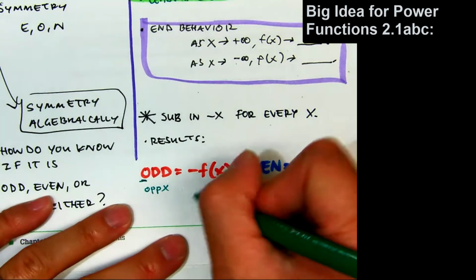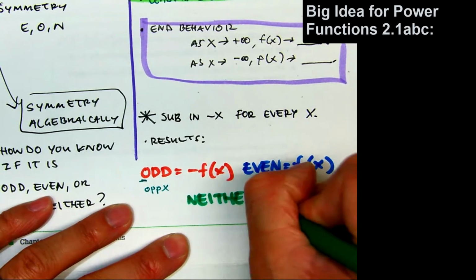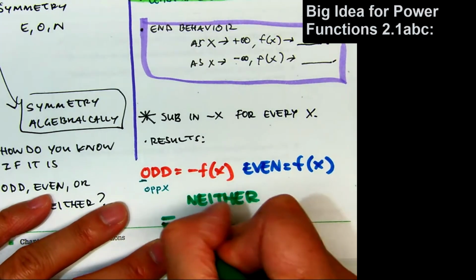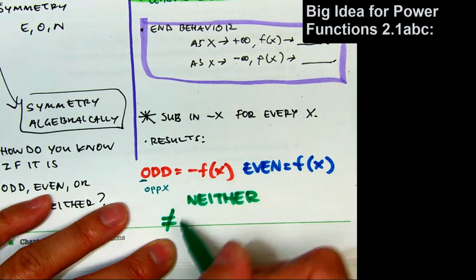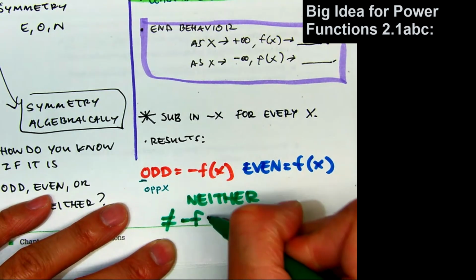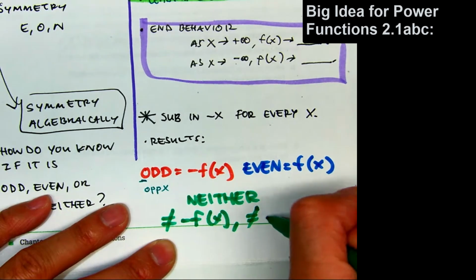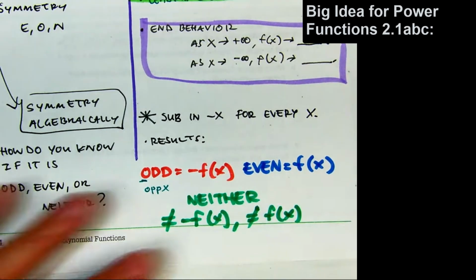And it is neither if it is not equal to the opposite, and it's not equal to the original. So if it's not an odd, it's not an even, then it's going to be a neither.